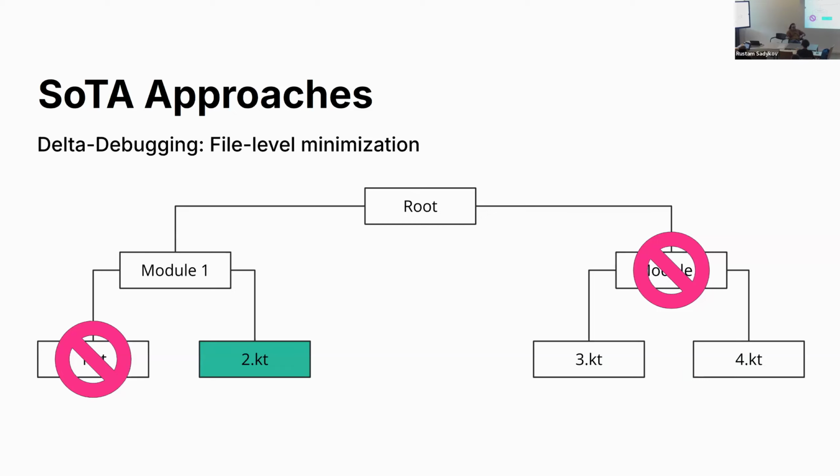And why is it better than just throwing out files at the beginning? For example, if we try to execute the usual delta debugging on the last level, immediately we will receive a lot of compilation errors.